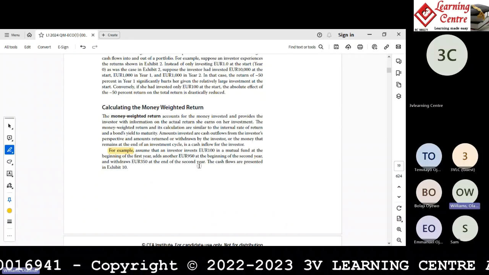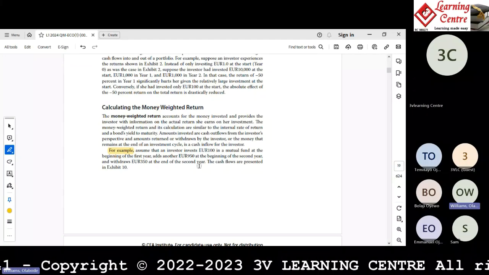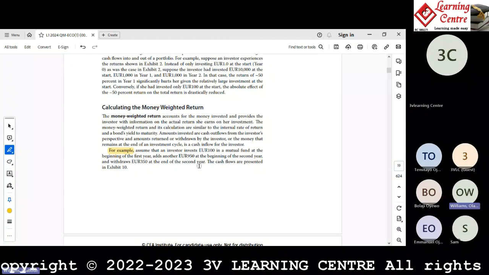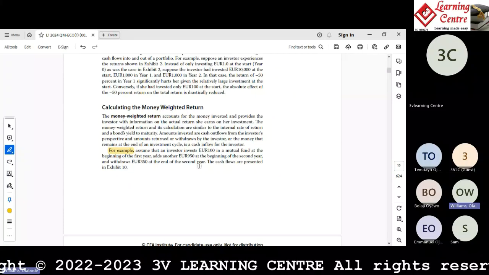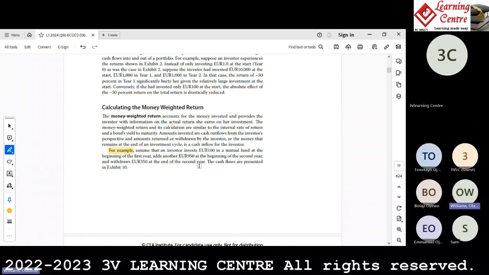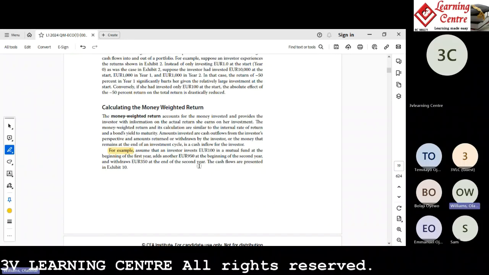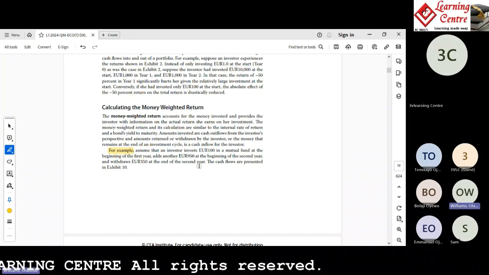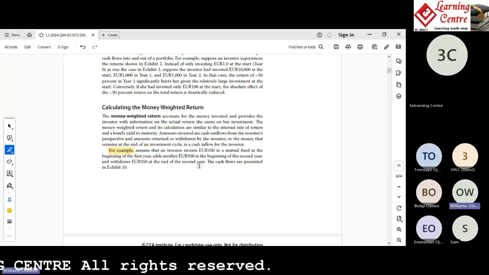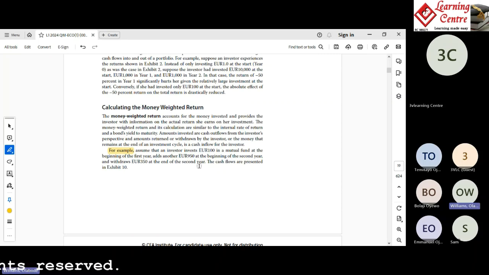But if you use 1 for it, which means you then say 10,000 over (1 plus 10%) raised to the power 1, the present value is going to be 9,000 something, right? That is why it's important to use 0. That is why you index your first cash flow always to 0.